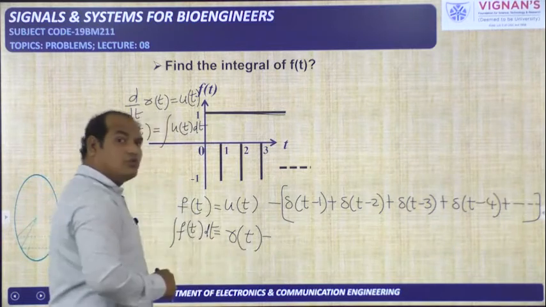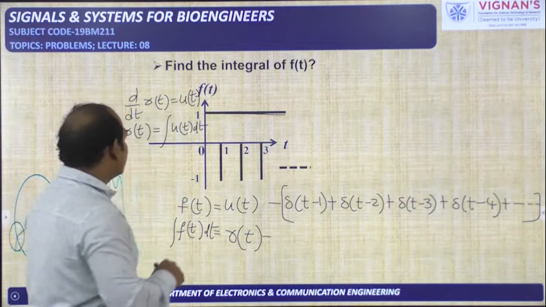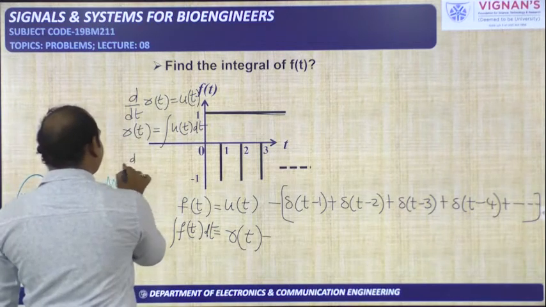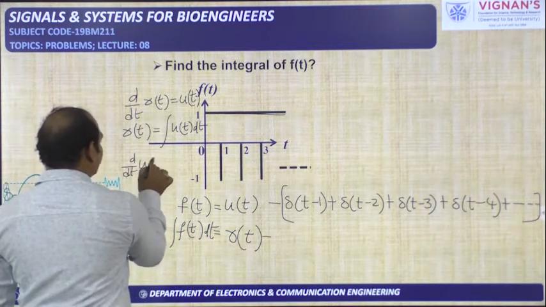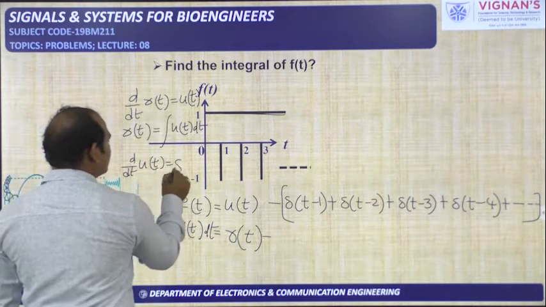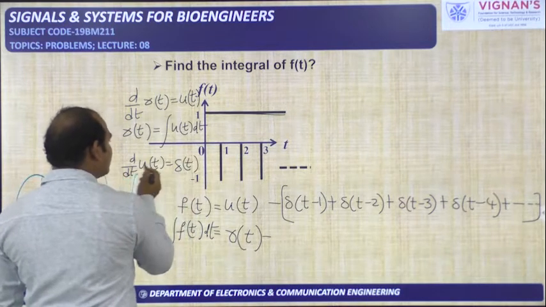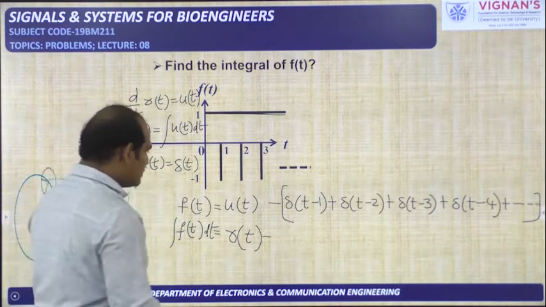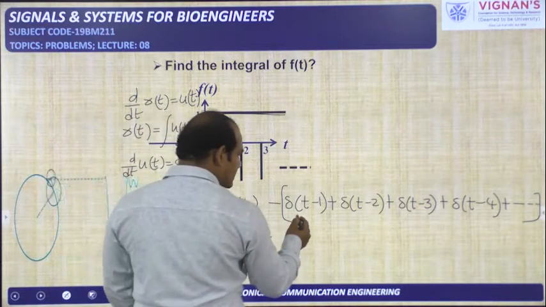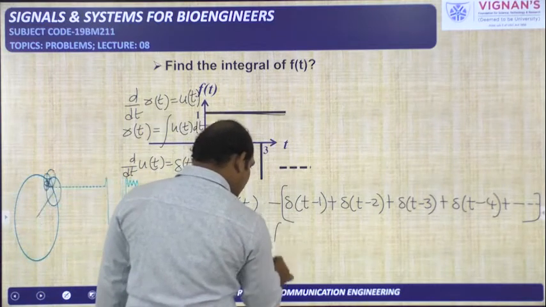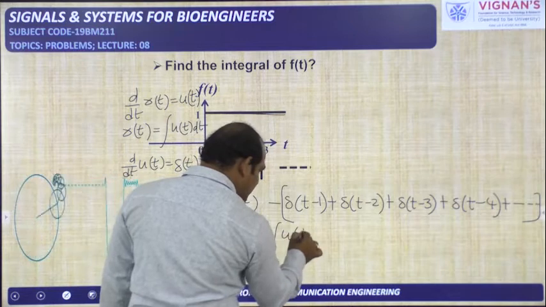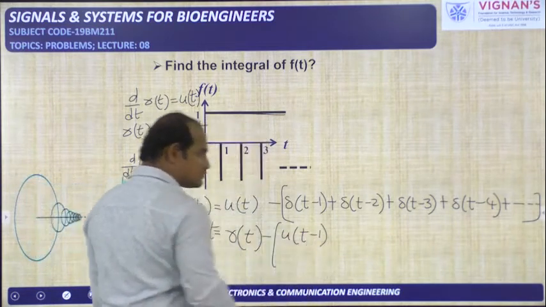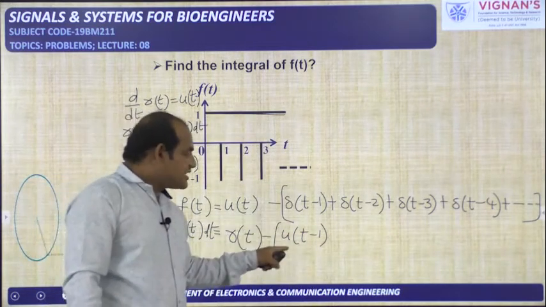Integral of del will give u. That is, we did d by dt of u of t is equal to del of t. That means integral of del will give u of t. But this is shifted by 1 second, so you will also get a unit step signal shifted by 1 second. Del of t integration is u of t.